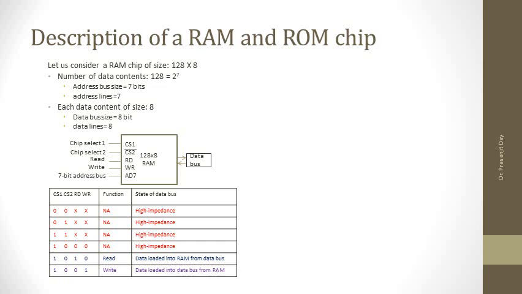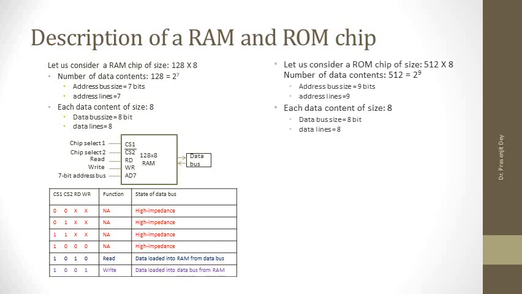Similarly, when CS1 is 1 and CS2 bar is 0, if the read signal is 0 and the write signal is 1, data will be loaded into the data bus from the RAM chip. The below two lines explain the read and write function in a RAM chip.